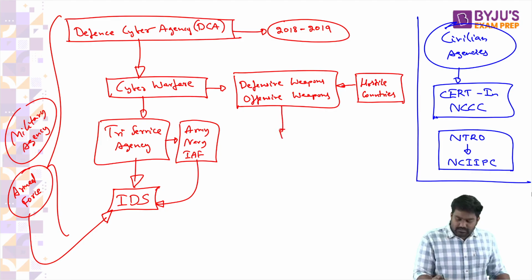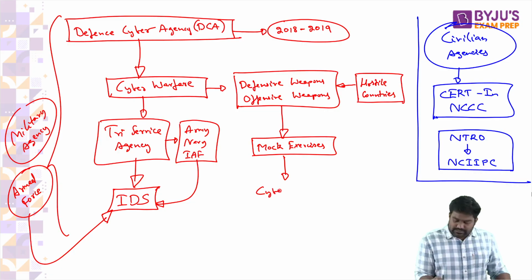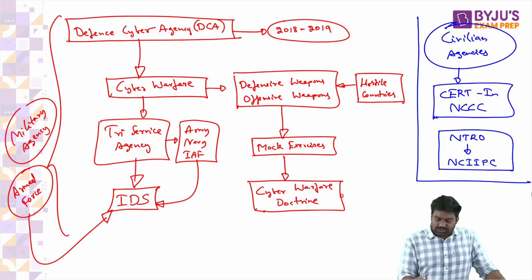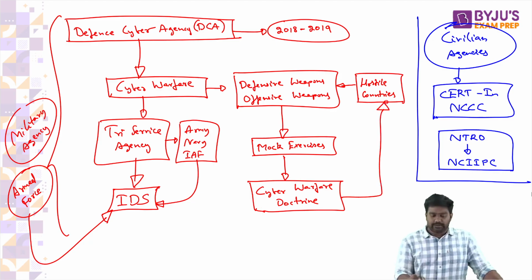It has even conducted few mock exercises. Its primary task is to conduct such mock drills and also to develop the cyber warfare doctrine of India. It is working on a cyber warfare doctrine to outline how India will react to cyber wars, how we are going to respond and retaliate.